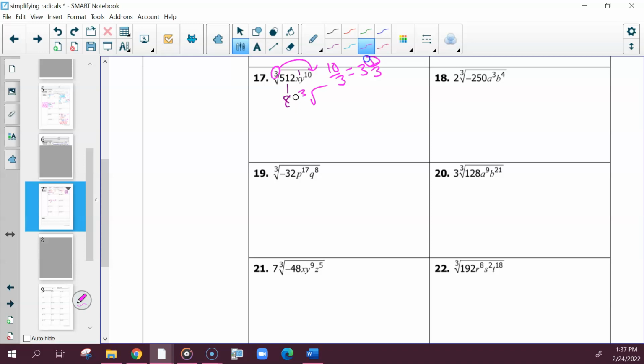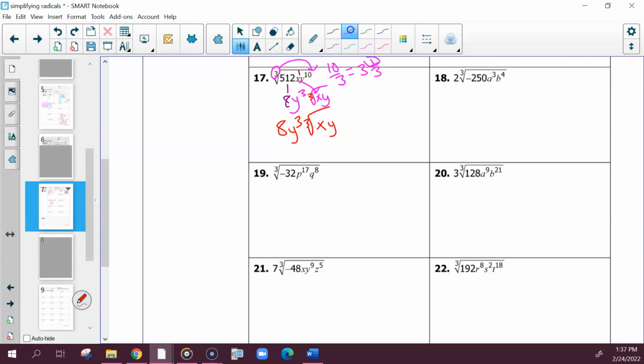I'm sorry, this should be a y. And we know this 1 by itself is also going to stay inside. So 8xy, I'm going to rewrite it: y to the 3rd times the cube root of xy would be our final answer.